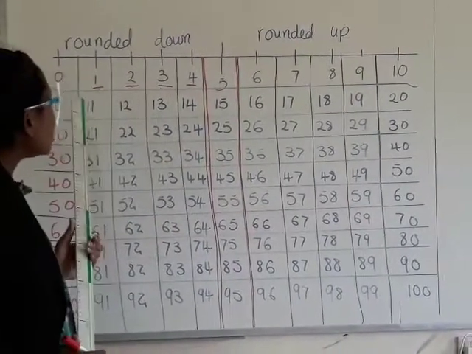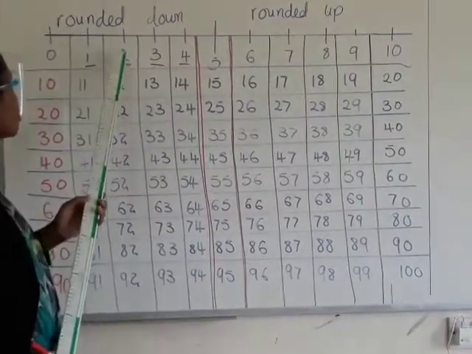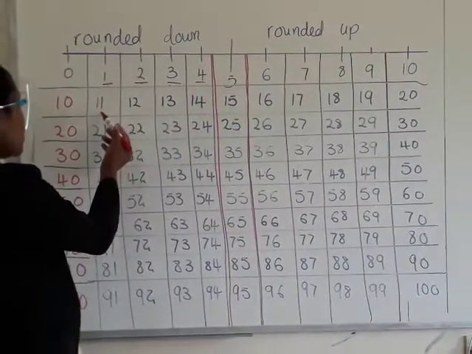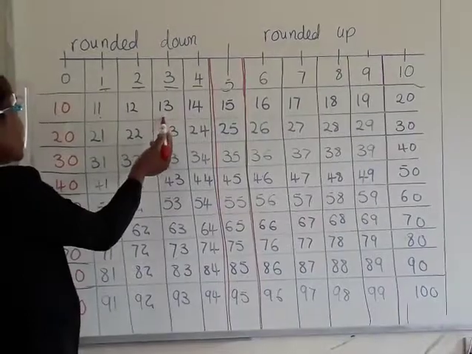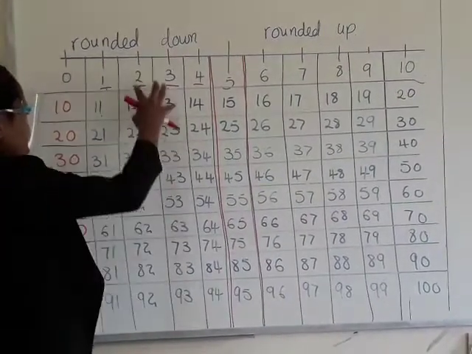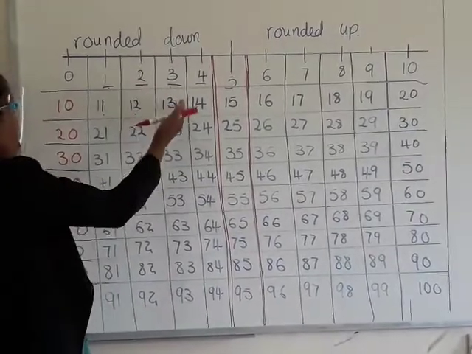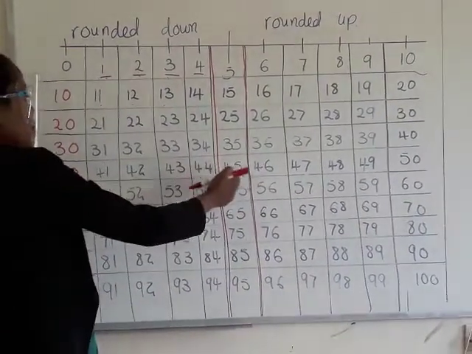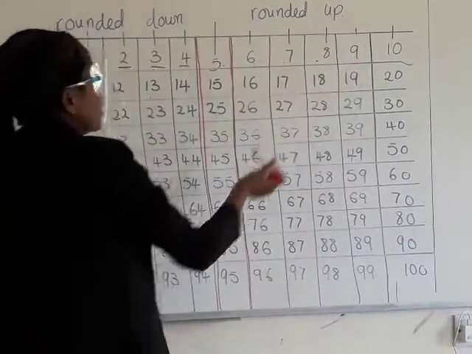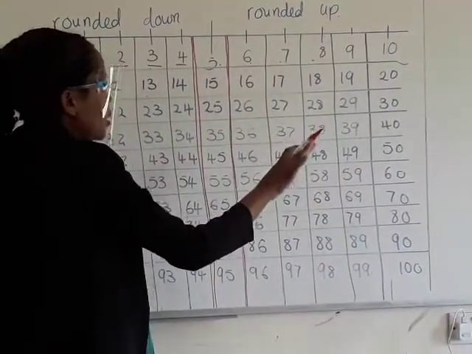So let's check out all the numbers that have a 1, a 2, a 3, a 4 at the end. You can see we've got 11, 12, 13, 14, up to here. All these numbers from this side are all rounded down. While the numbers that have 5, 6, 7, 8, and 9 are all rounded up.